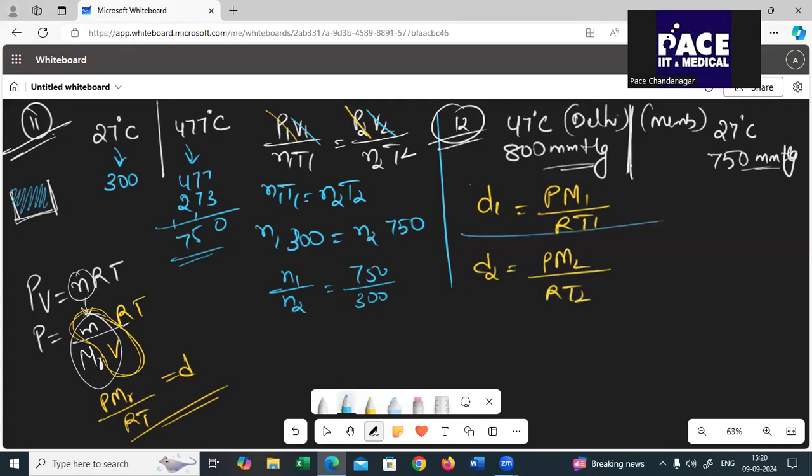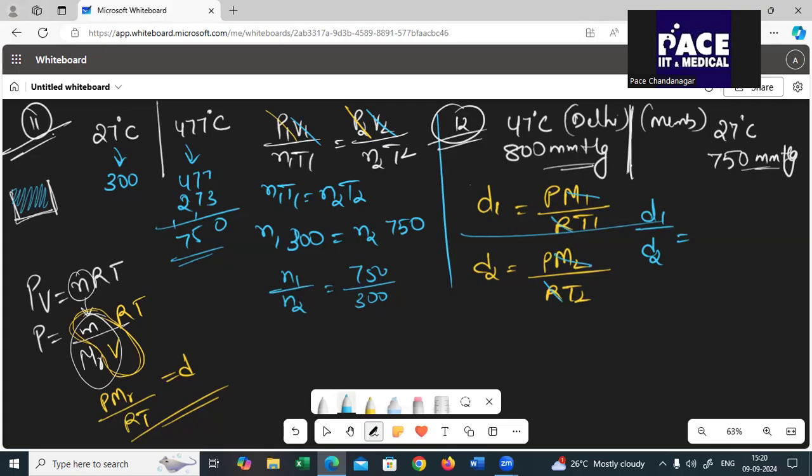Now divide. So density 1 by density 2, this is what is being asked. Molar mass of this and that being the same, I would say same densities of the air. Molar mass we do not know, we just consider it to be the same. Now the density ratio is what? This cancels off, temperature matters, R will not matter.